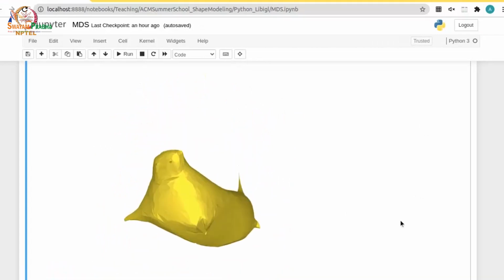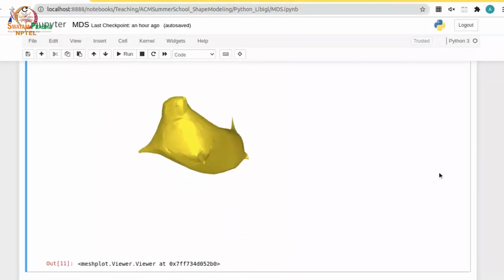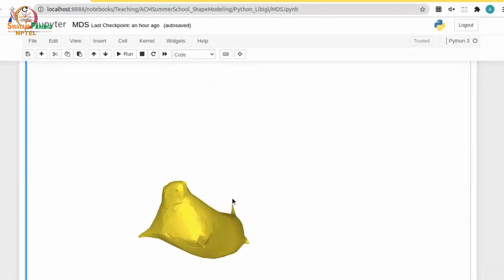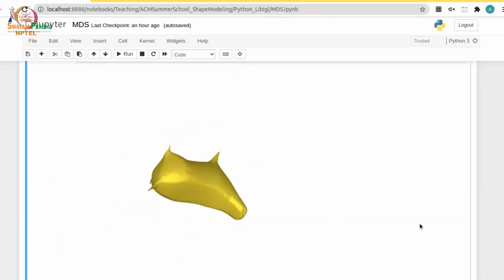More importantly, remember the idea is not to preserve the cat shape. The idea is to preserve the distances, out of which you should be able to do a rigid comparison between this and this. I do not know how to plot both these surface meshes in the same figure in Python. Excuse me for that. Does anybody know how to plot both these meshes on the same figure?